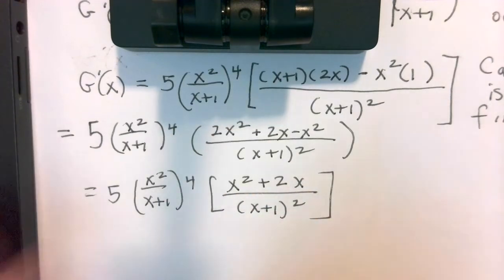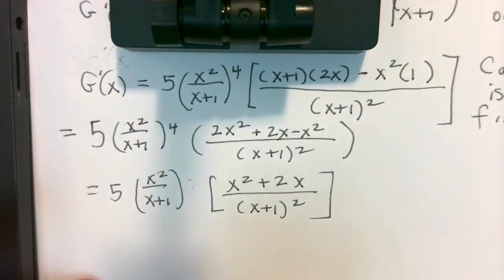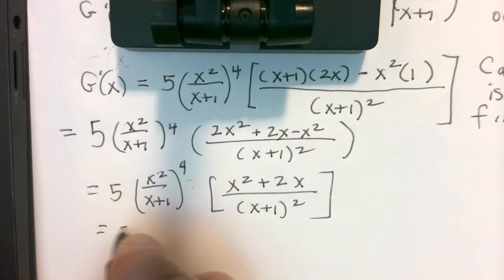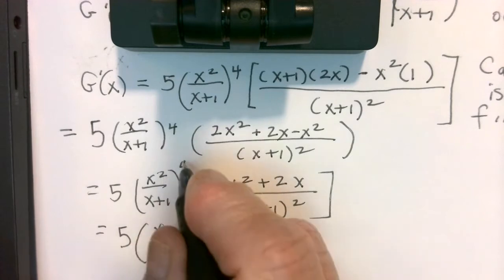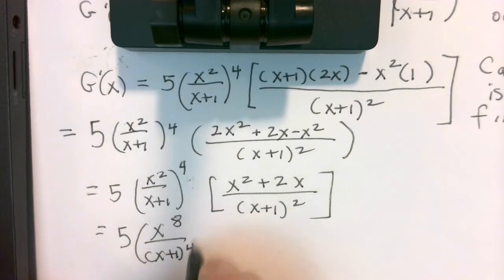Okay, because this is the 4th power, I'm going to go ahead and raise this quotient to the 4th power. So I've got 5 times, when you raise a power to a power, you multiply. So this is going to be x to the 8th over x plus 1 to the 4th.